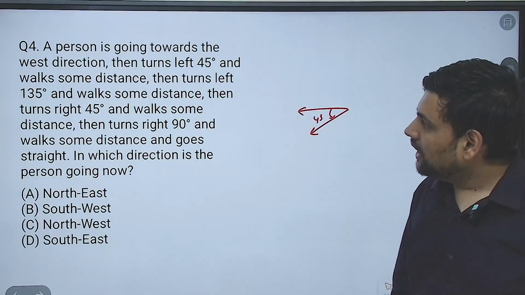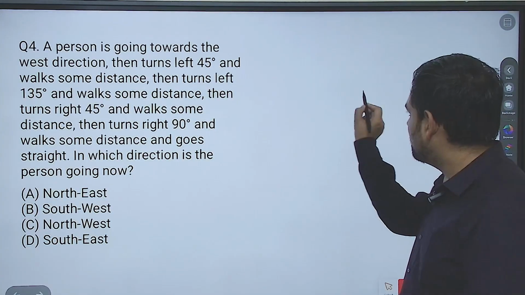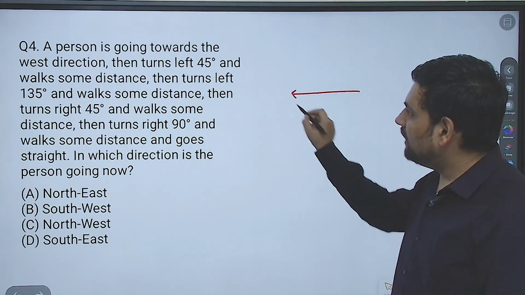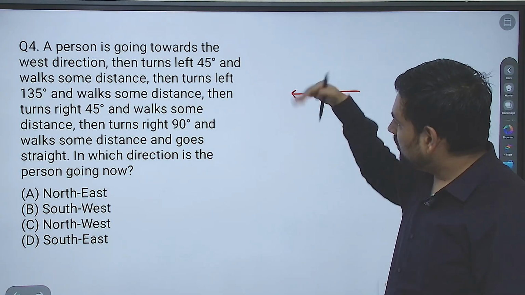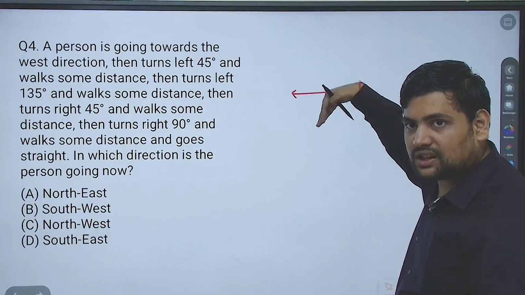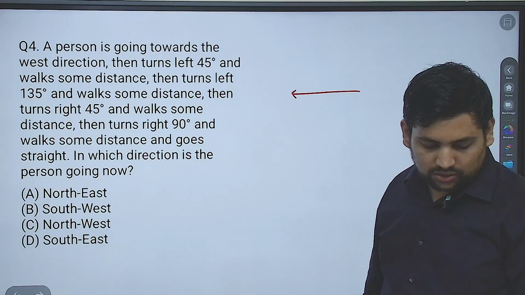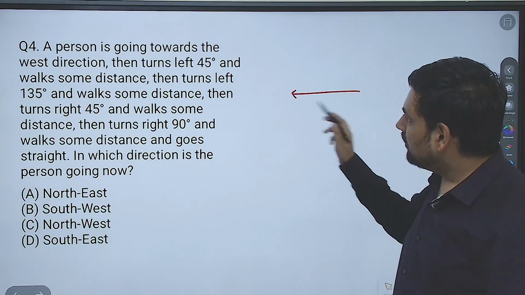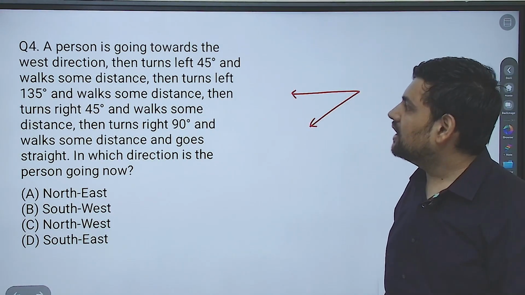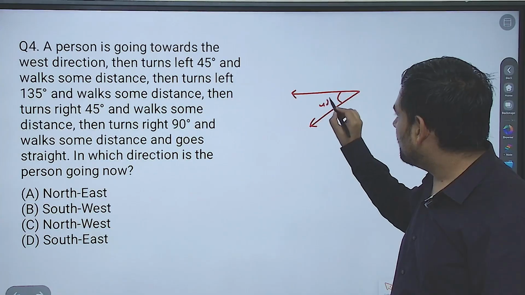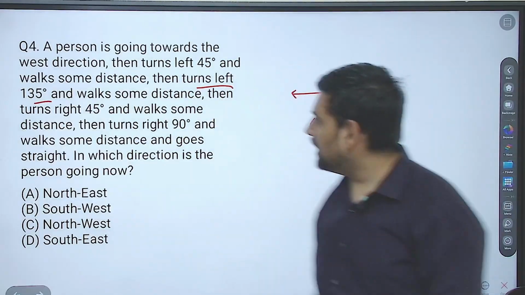Then he walks some distance. So a person is going west, then he turns 45 degrees left and walks some distance, then turns 135 degrees left.